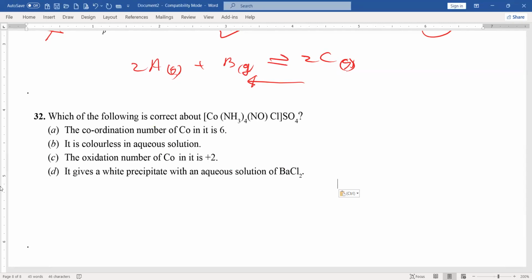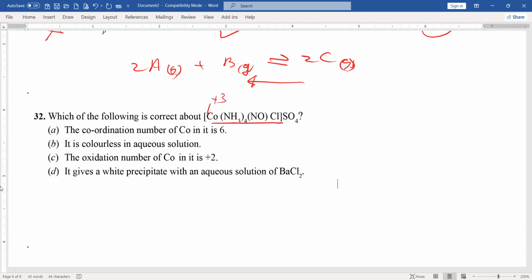Next one. Which of the following is correct about the complex compound? This has 4 ammine, 1 nitrosyl, 1 chlorine, and then chloride. The charge is 2 minus, so the cobalt must be in the +3 oxidation state.